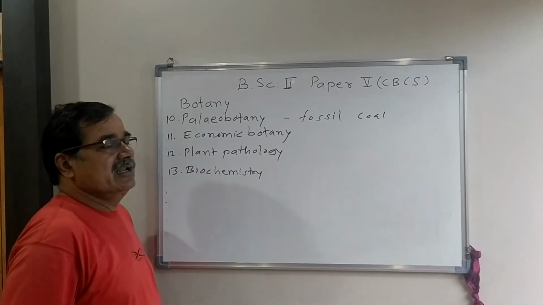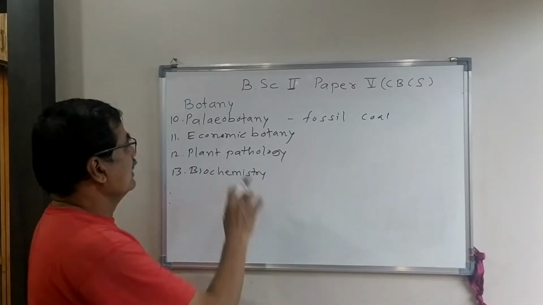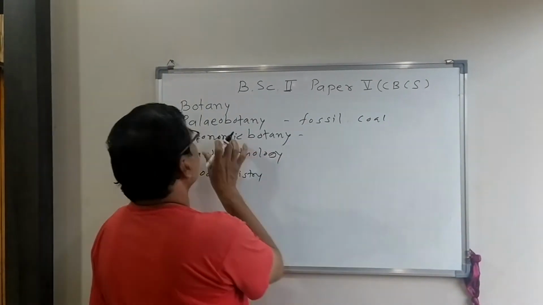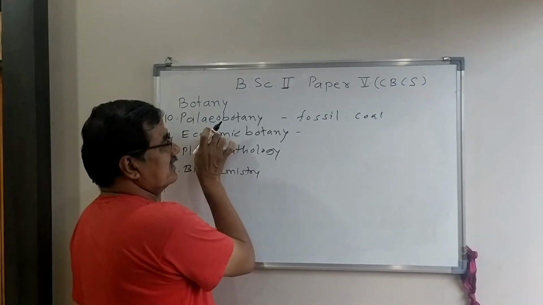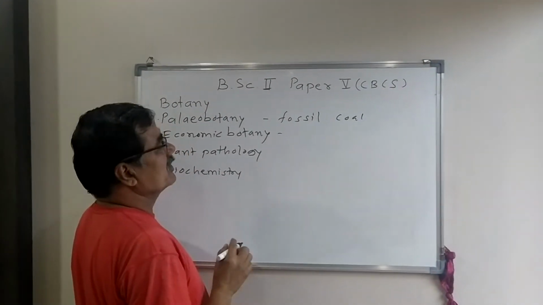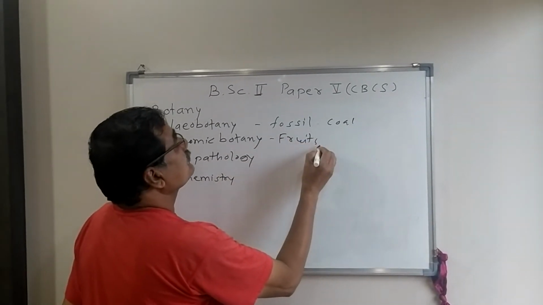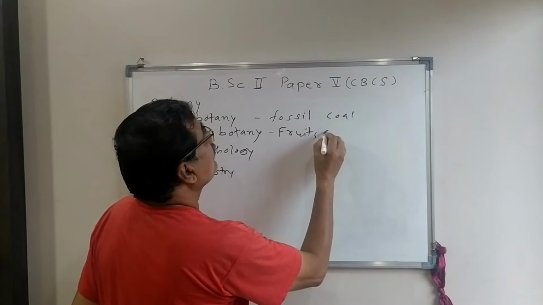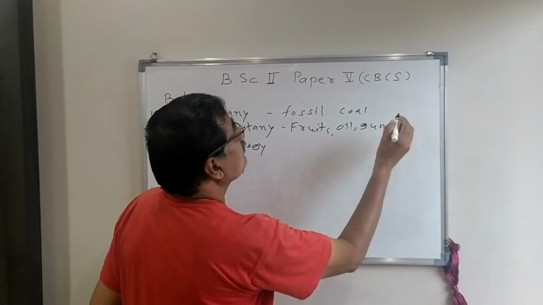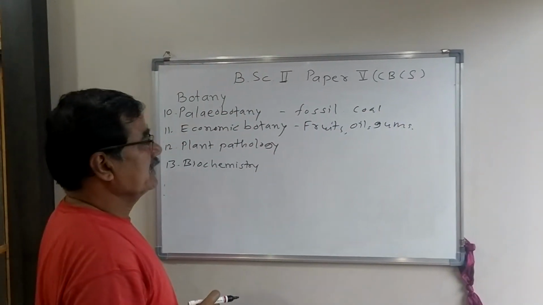Another important branch of botany is economic botany. Here, economic botany deals with plants which give economy, in the sense of horticulture plants and secondary metabolites which are present. There are different types of fruits, vegetables, oils, gums, which the plants provide in large amounts as yield.